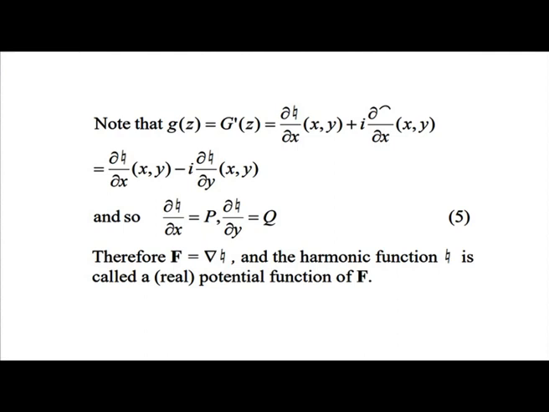And so, del phi by del x is your capital P and del phi by del y is your Q, and therefore, your F can be written as grad phi, and the harmonic function phi is called a real potential function of capital F.